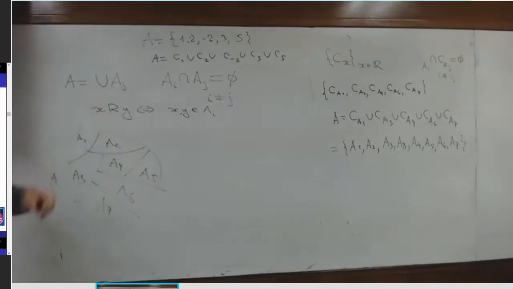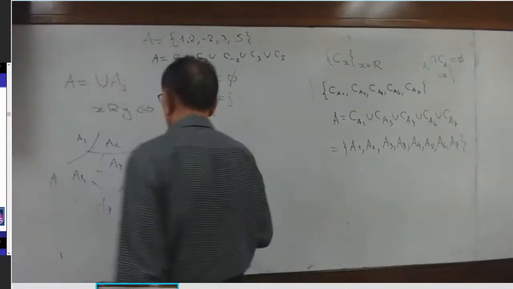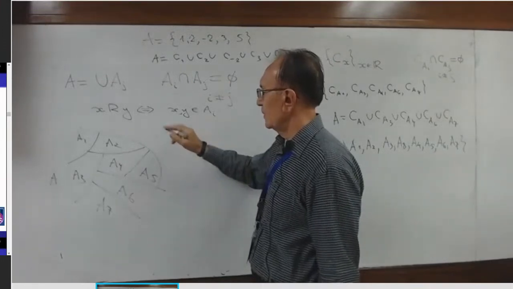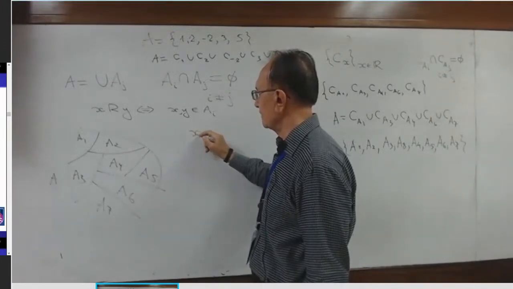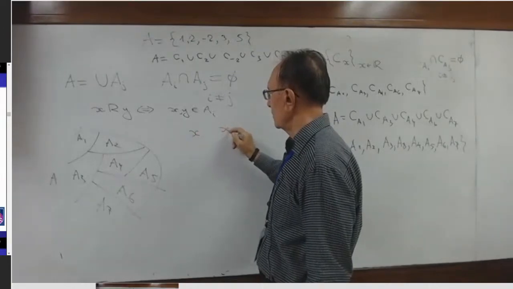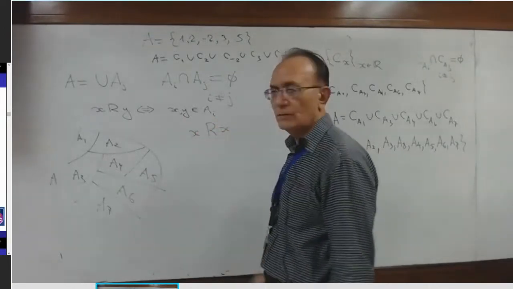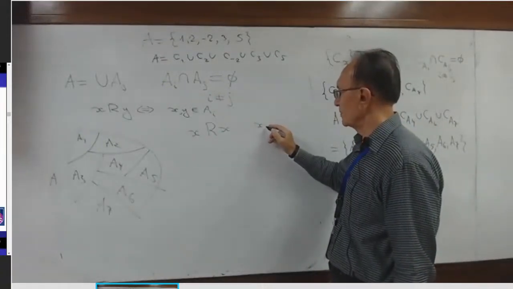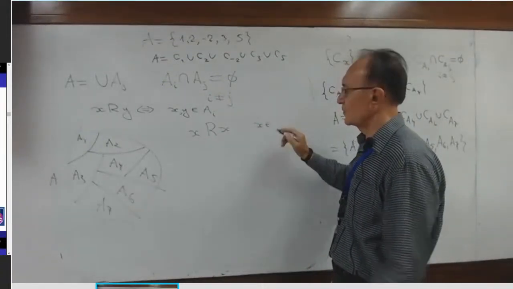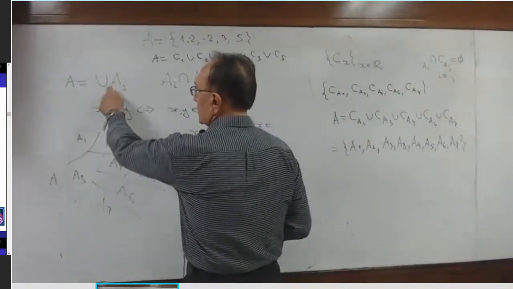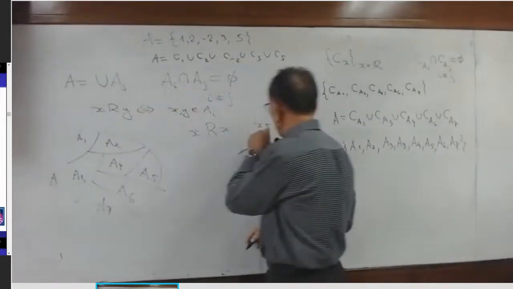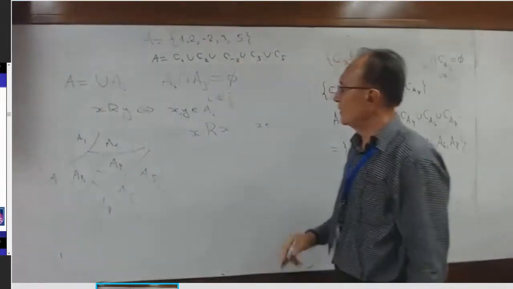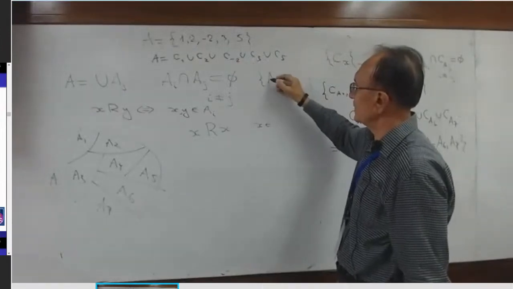So I prove that this R is an equivalence relation. Why? Because if I take X, is X related to X or not? Of course, because this is a partition, any X must be in some member of this family of subsets.